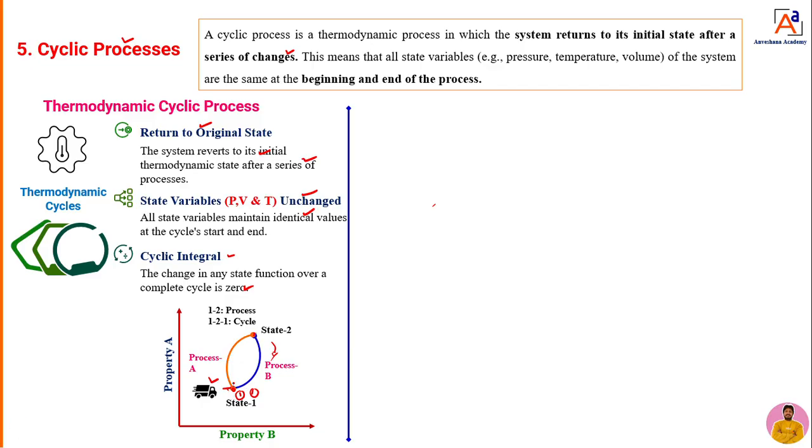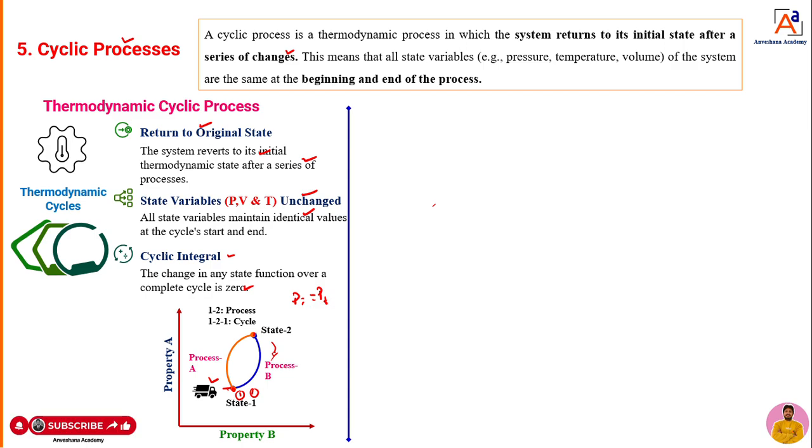That means the properties, the state variables of the system, should remain the same as per the cyclic process definition. Initially the property of the system is Pi. Then when it reaches back to its original position, the properties of the system remain the same. You can take the pressure at the final state: the initial pressure must be equal to the final pressure.